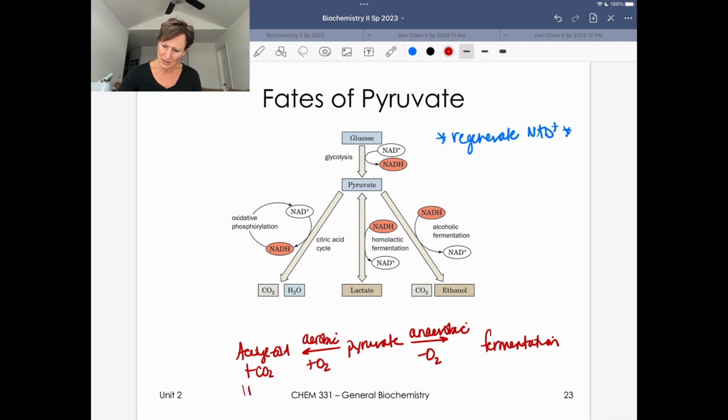So again, that's pyruvate dehydrogenase chemistry. And then the citric acid cycle is going to take over. We're going to fully oxidize all of those fuels to carbon dioxide and water. And importantly, in this process, we do regenerate NAD+. So we're going to highlight that. But that's what we learned about last semester.